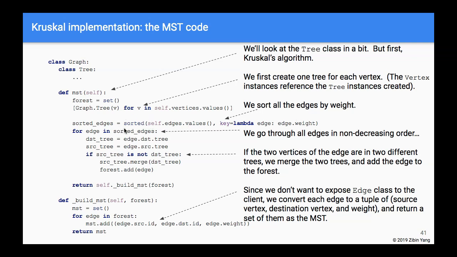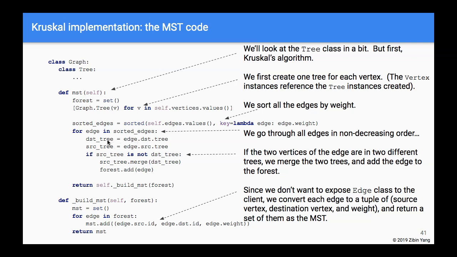We just use the built-in sorted function, and the key that we sort by for each edge is its weight. We remember the result in sorted edges, and then we go through each edge in sorted edges, so we're going through them in non-decreasing order.